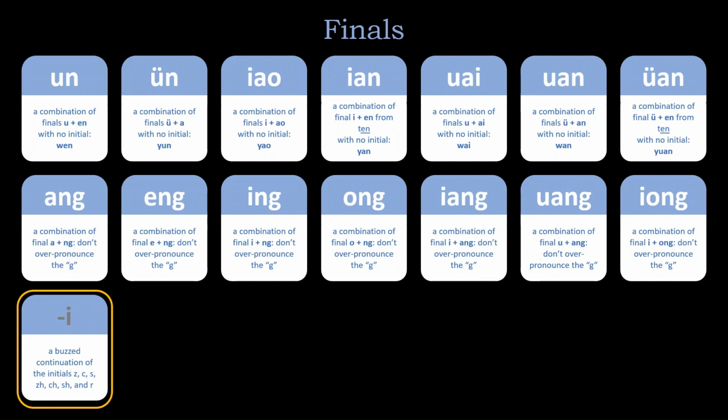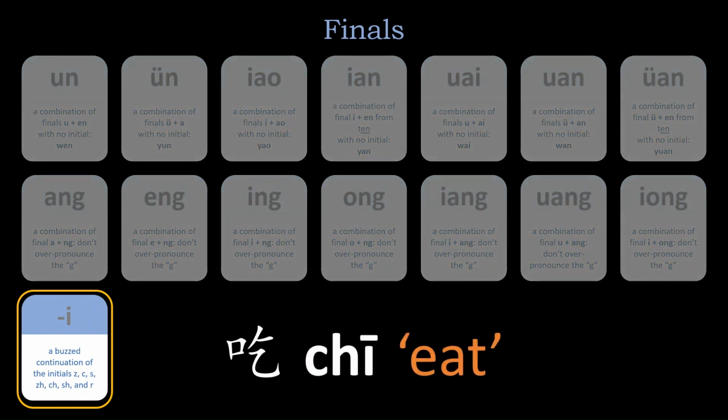Now this last final is a buzzed continuation of the initials z, c, s, zh, ch, sh, and r. Now what does this actually mean, this buzzed continuation? Well, let's take the word for eat as an example. Chi. So this is made up of the initial ch and the final i. So the initial ch has its sound continued with the final, ch.